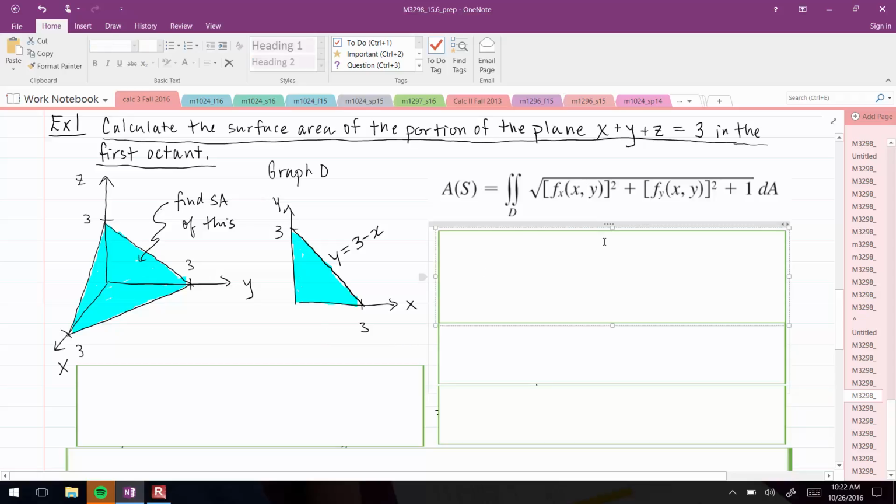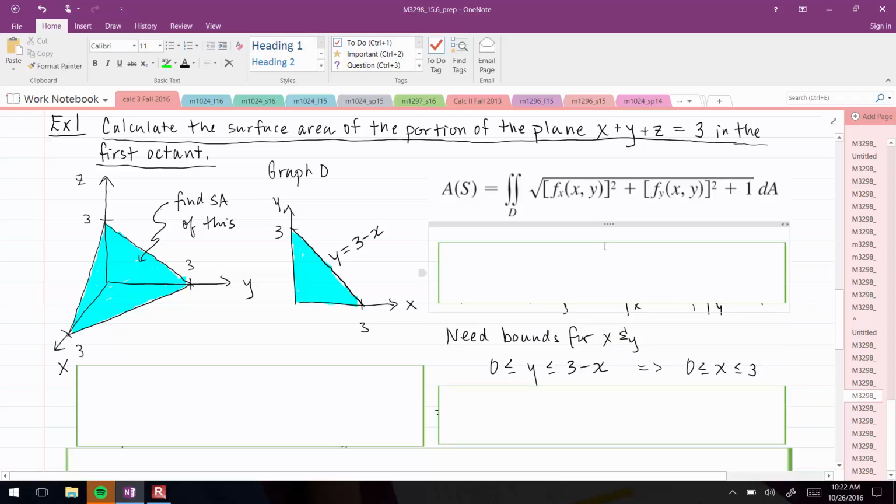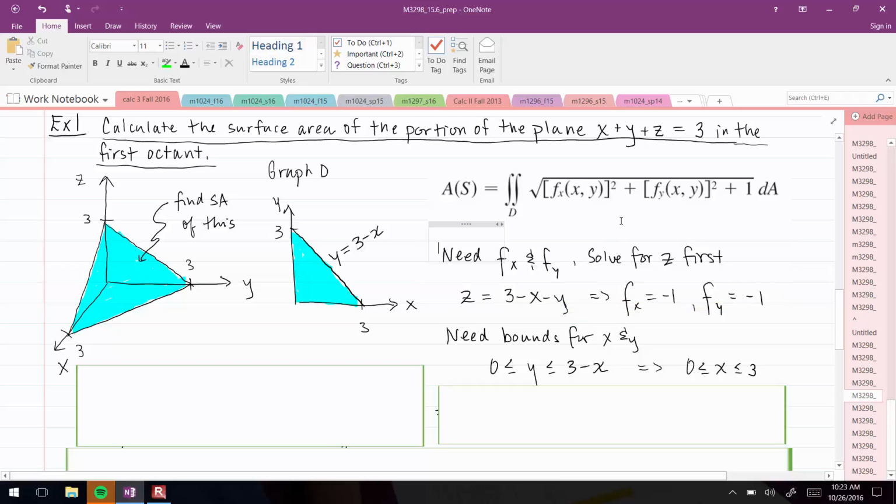Okay, now maybe looking back at the integral and seeing all the stuff that needs to go in there. Notice that we have f sub x as part of that, and f sub y, and that's of our equation up here. So the first thing you need to do is solve for z, because this formula is assuming that you have z as a function of x and y.